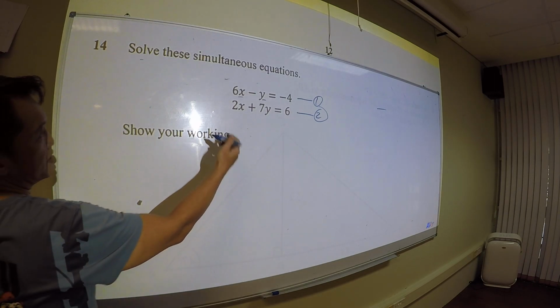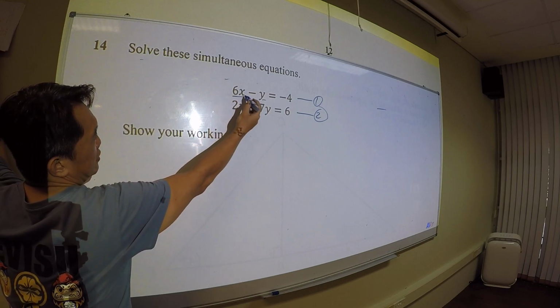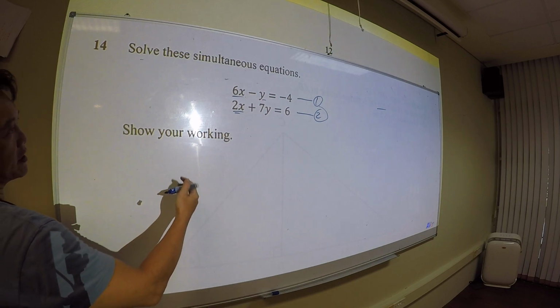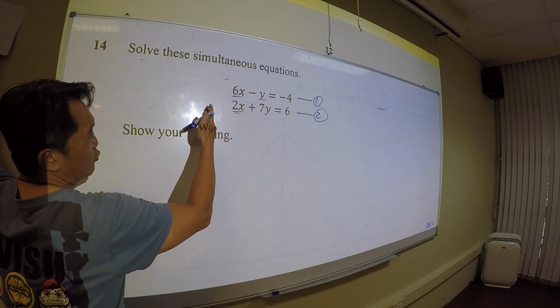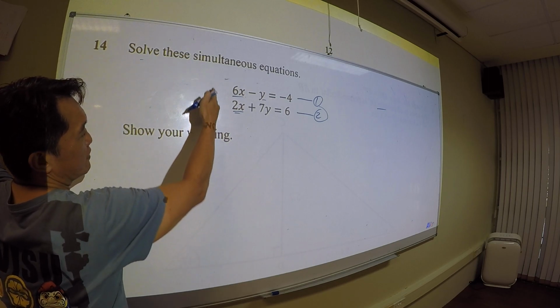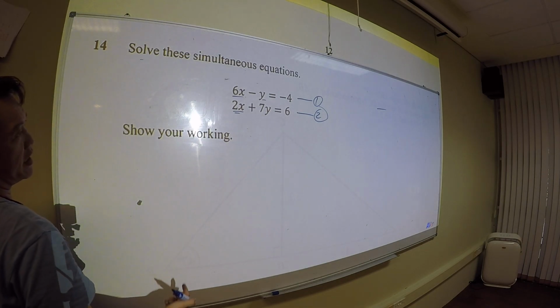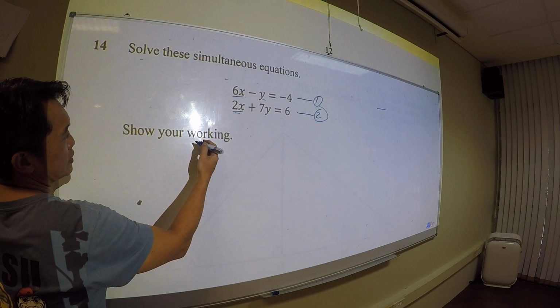Then in this case, your equation 1 got 6x. Your equation 2 got 2x. The first step is to come up with two equations with the same amount of either x or y. In this case, we can very easily make equation 2.